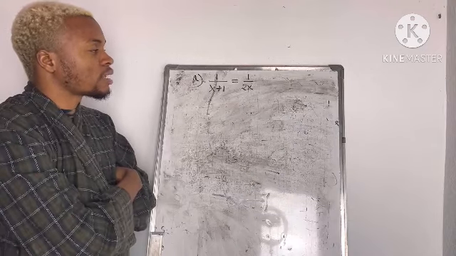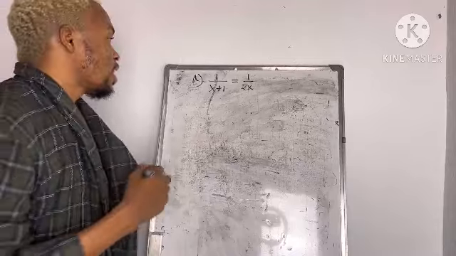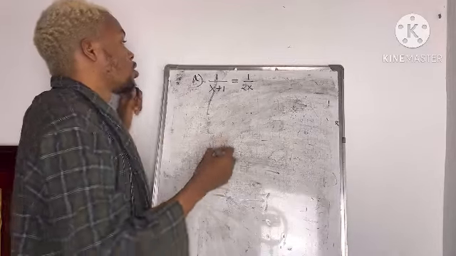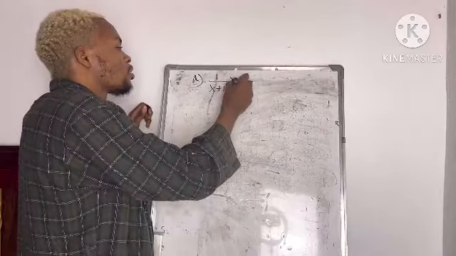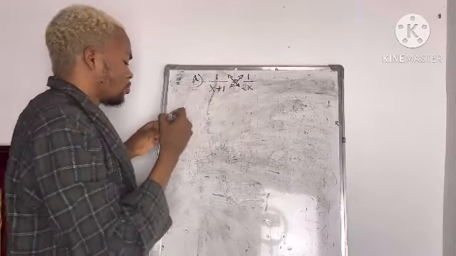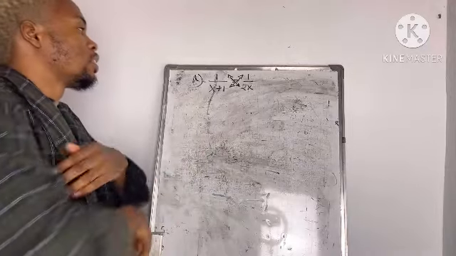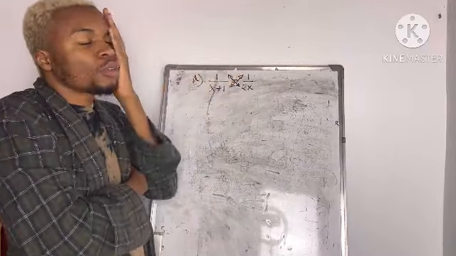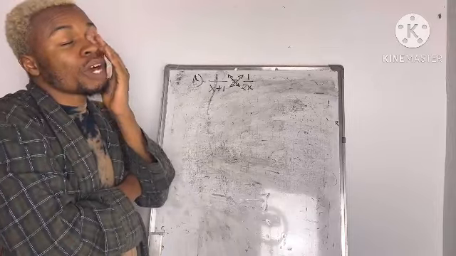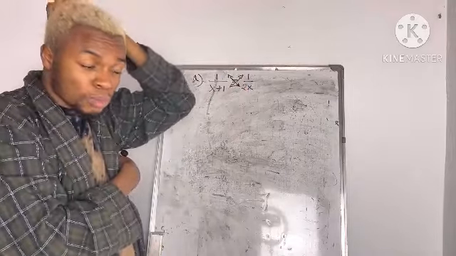Finding the value of x is an easy task for us to do, because all you need to do here is cross multiply. So when you have linear equations on both sides, the first thing we should do is to cross multiply.